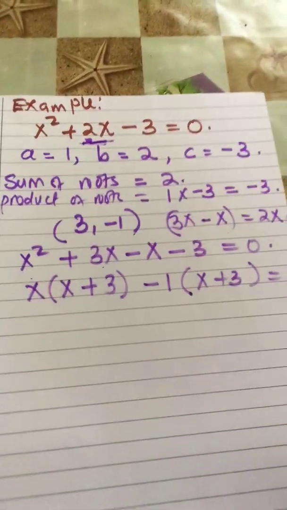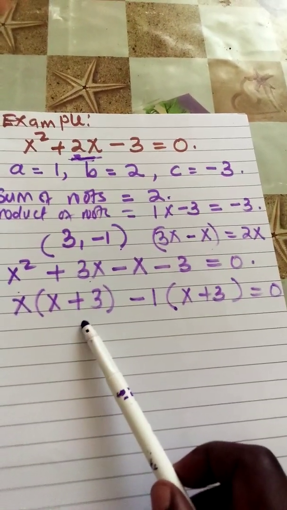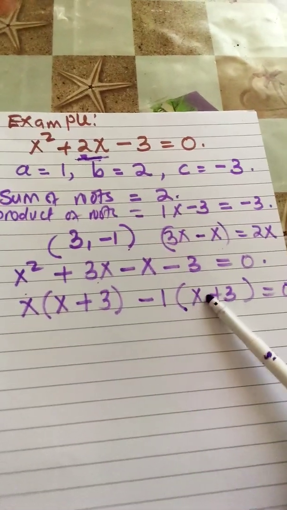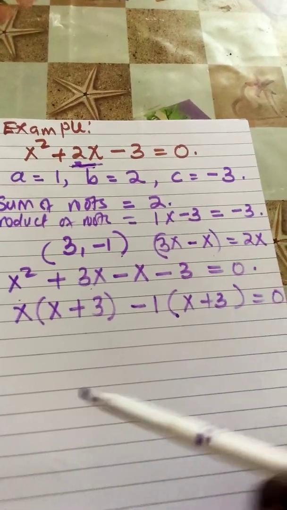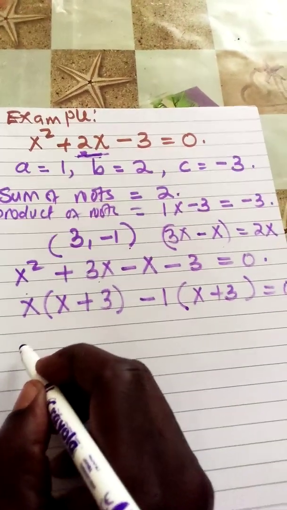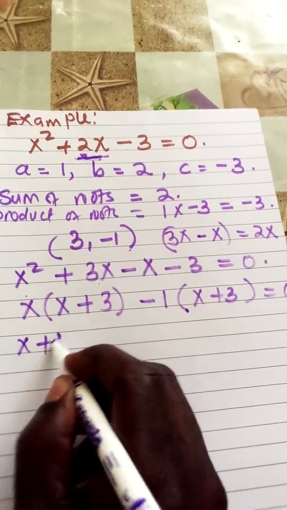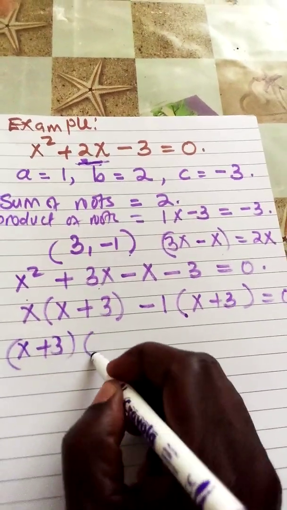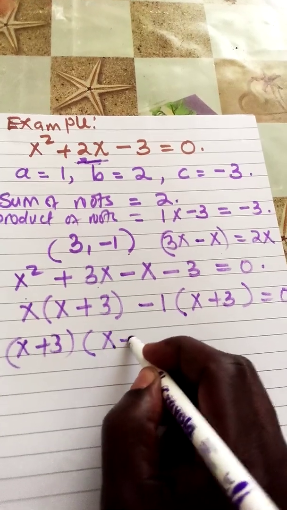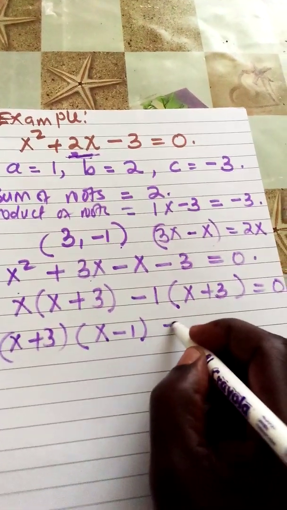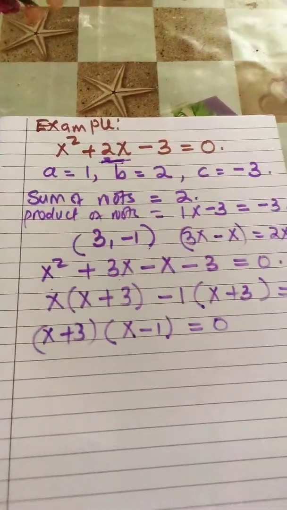Now we find that x plus 3 is a common factor, so we factorize it out. So we have x plus 3 times x minus 1 equals 0.